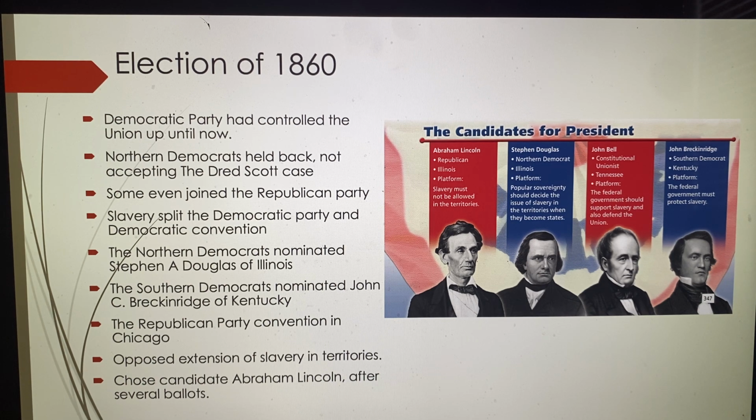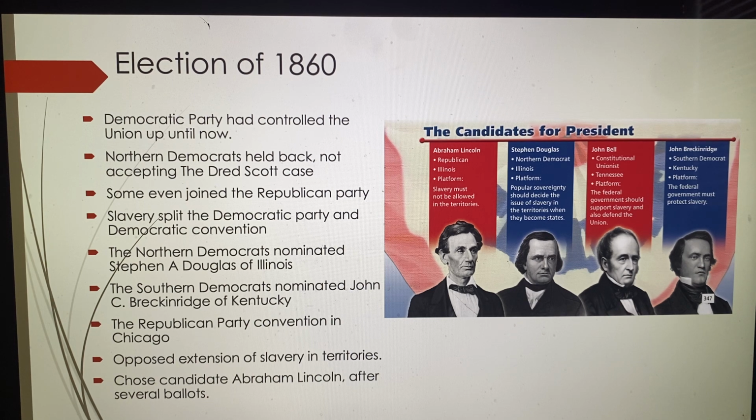So, some of the Northern Democrats even joined the Republican Party because what? The Republican Party stood up against the spread of slavery. But slavery also split the Democratic Party and totally split the Democratic convention. And so the Northern Democrats nominated Stephen A. Douglas of Illinois.